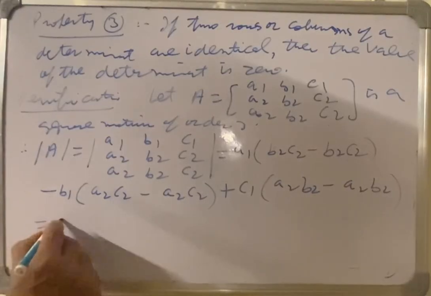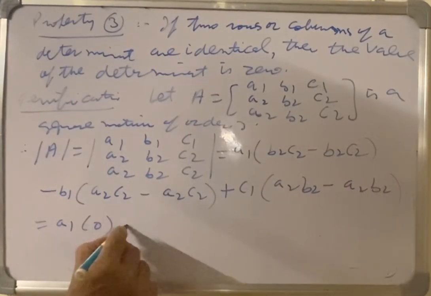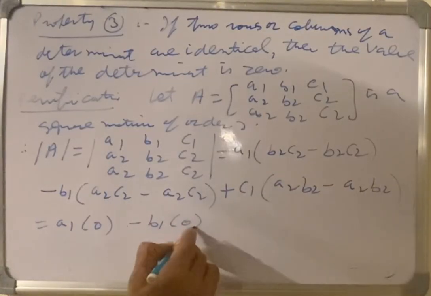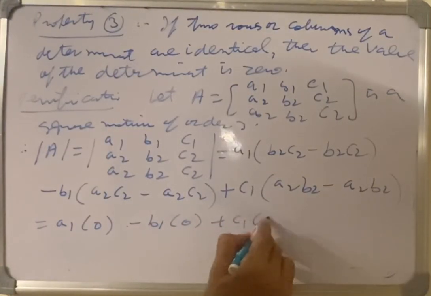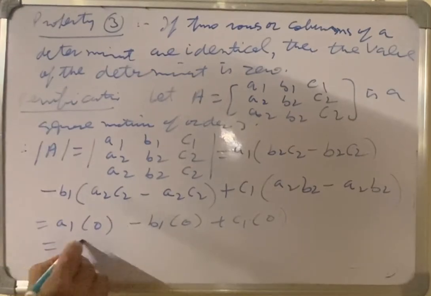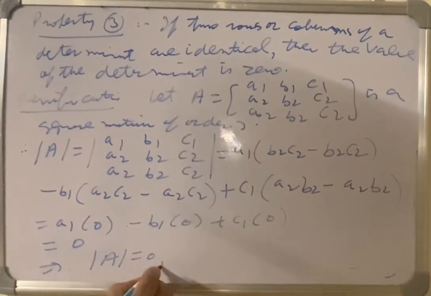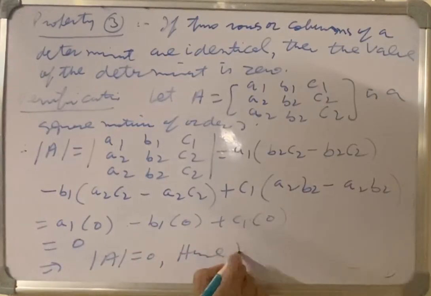So therefore, A1 into 0 minus B1 into 0 plus C1 into 0 is equal to 0. So the value of the determinant is 0. Hence verified.